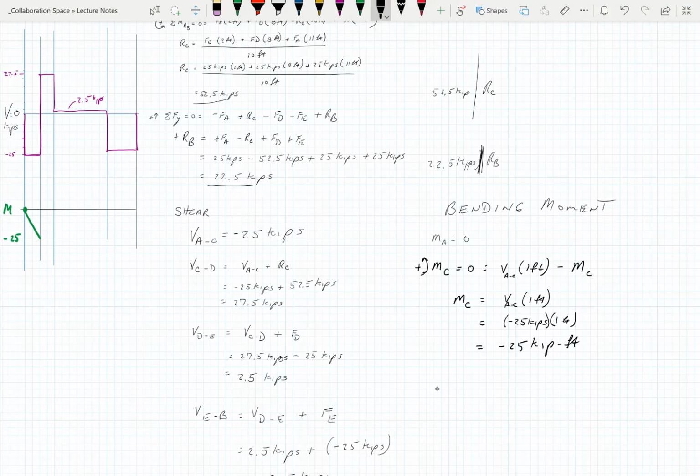Next piece, the moment at D. And once you choose your moment counterclockwise, don't change it. Okay? And that's going to be equal to 0, such that 3 feet, 25 feet.